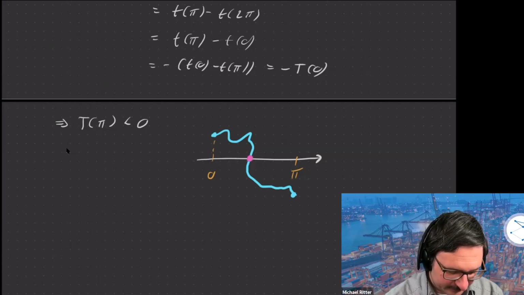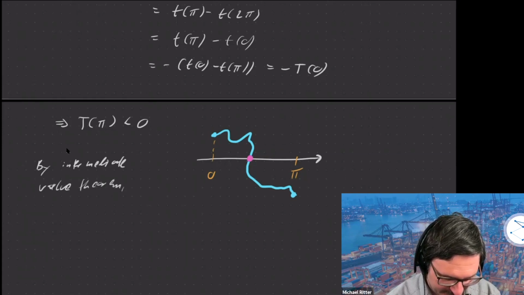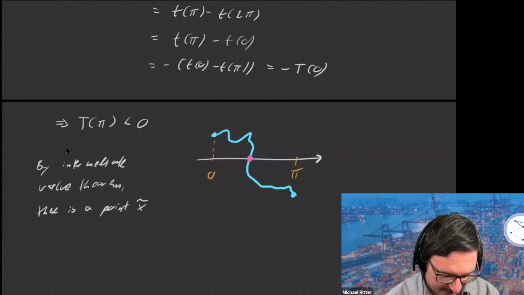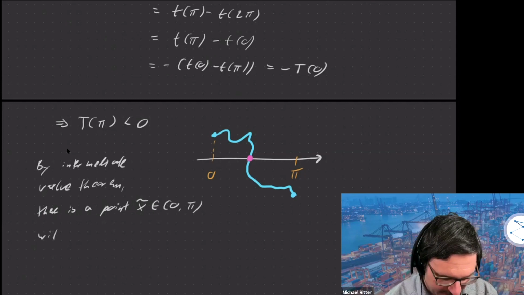So what we can now say is, by the intermediate value theorem, there is a point, let's call it x tilde, between 0 and pi, with the temperature difference at x tilde being 0.